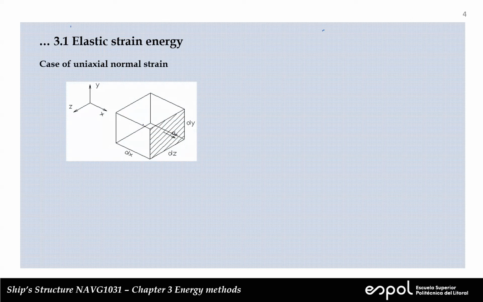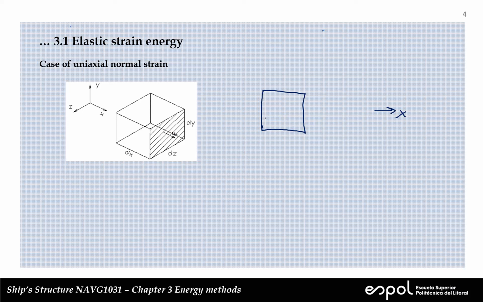So this is one single case in which we have normal strain only. Let's suppose that we have a small element like this one here, and let's suppose this is the X direction. So this is the original situation of the body.